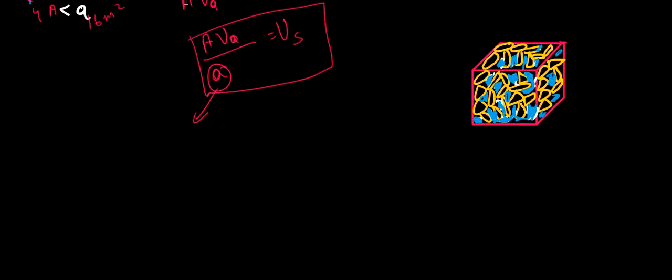Now we know a term called porosity, which is represented by eta. So porosity, or eta, is nothing but volume of voids Vv upon total volume of soil sample. If I want to obtain the volume of voids, suppose this is my total volume V, and this will be my volume of solids.